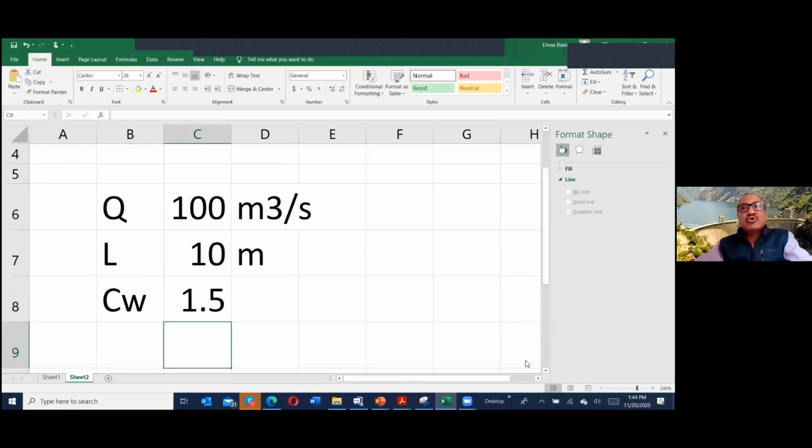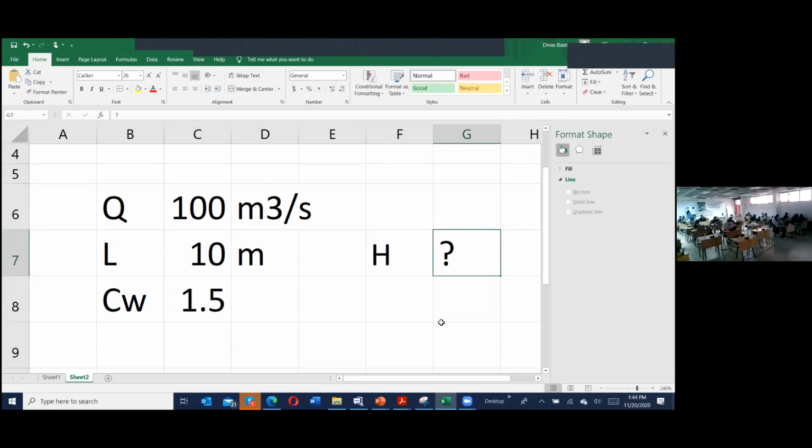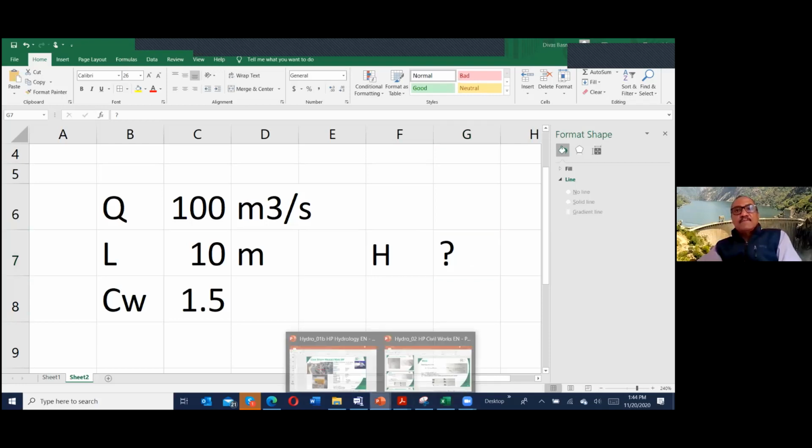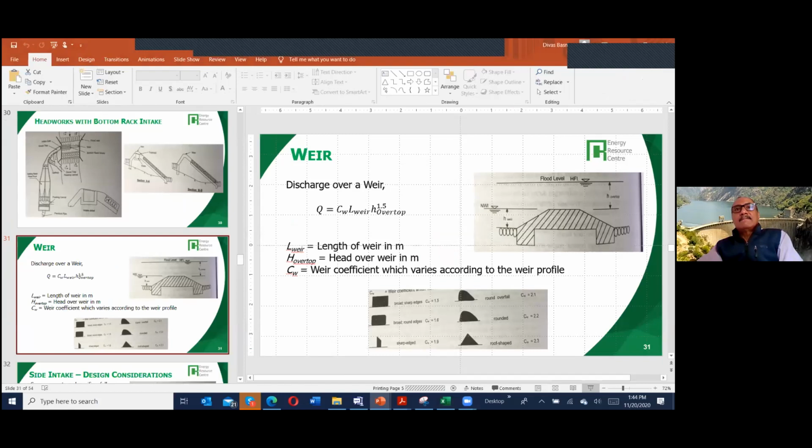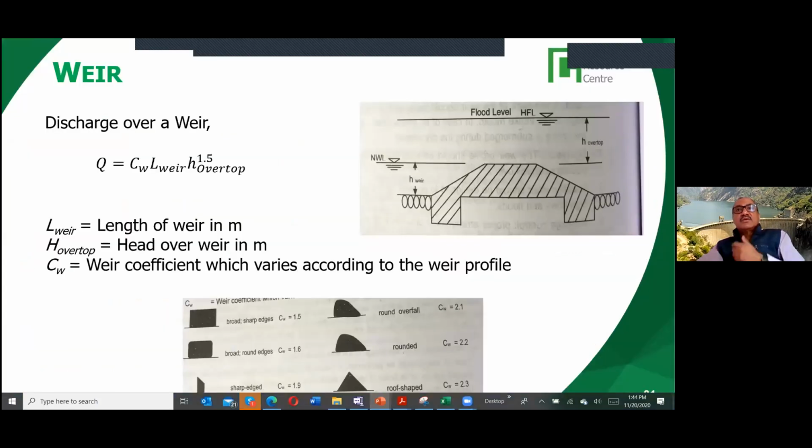This is important: what will be the head over the river channel? We need to know the H over here.